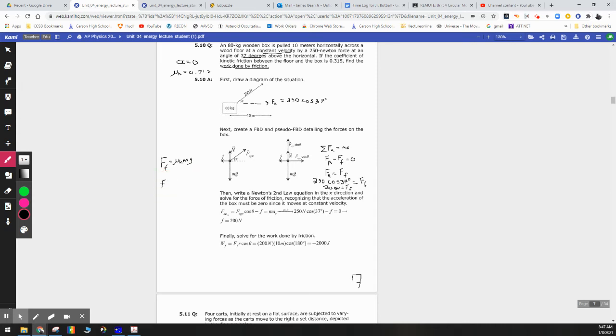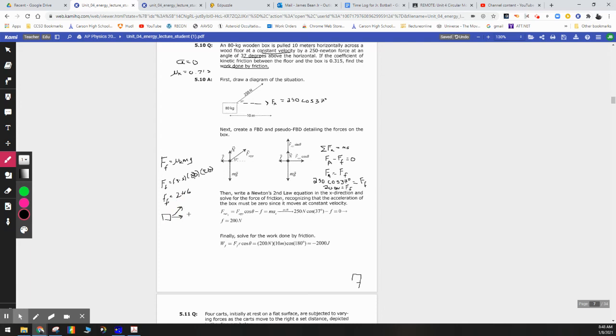Because if I do 0.315 times 80 times 9.8, this is saying the force of friction is equal to, I got 246 here. How can this be 246 and this be 200? Well, this assumes that we're pulling it horizontally. This is not being pulled horizontally, it's being pulled at an angle.